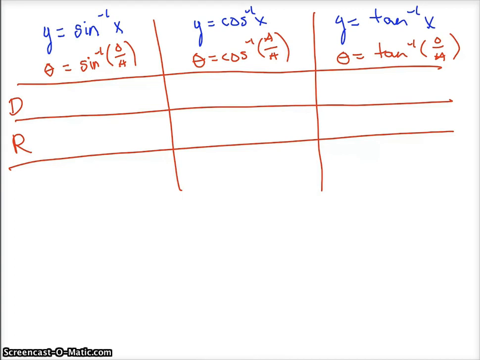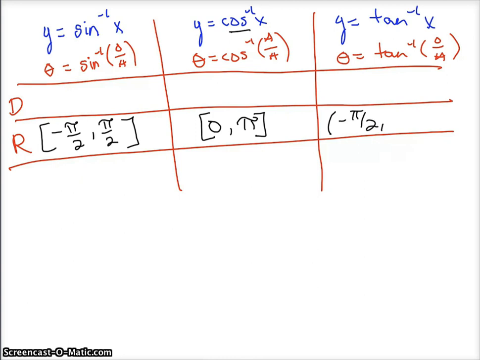Remember, the restricted domain for sine was negative pi over 2 to pi over 2. Therefore, the range of inverse sine is negative pi over 2 to pi over 2. Inverse cosine's range is 0 to pi. And the range for inverse tangent is negative pi over 2 to pi over 2.